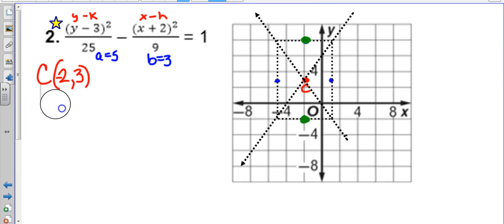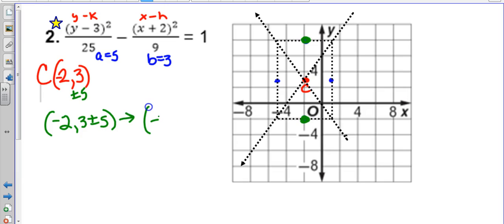Do I add them to the x's or the y's? Up and down 5 would mean I have -2, 3 plus or minus 5. Please don't write it like that. When it's whole numbers, we can do this. We get -2, 8, and -2, -2. Is that right? Does that seem like where those green dots are? And those are the vertices.